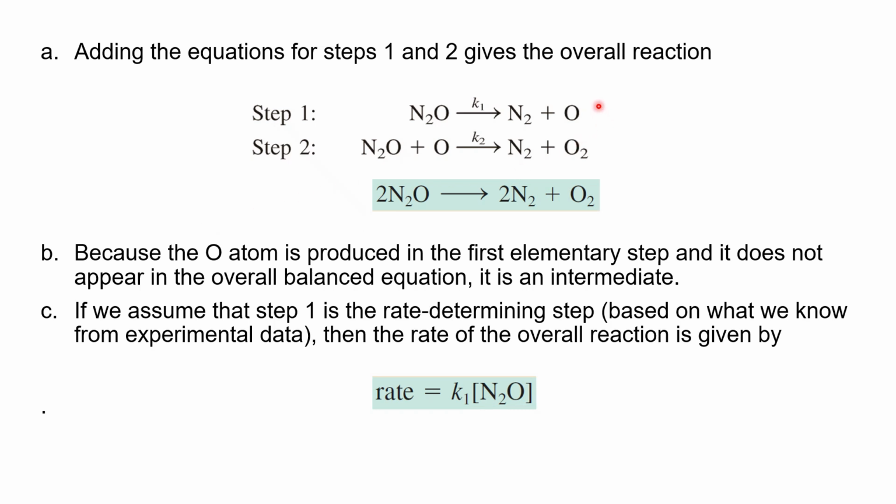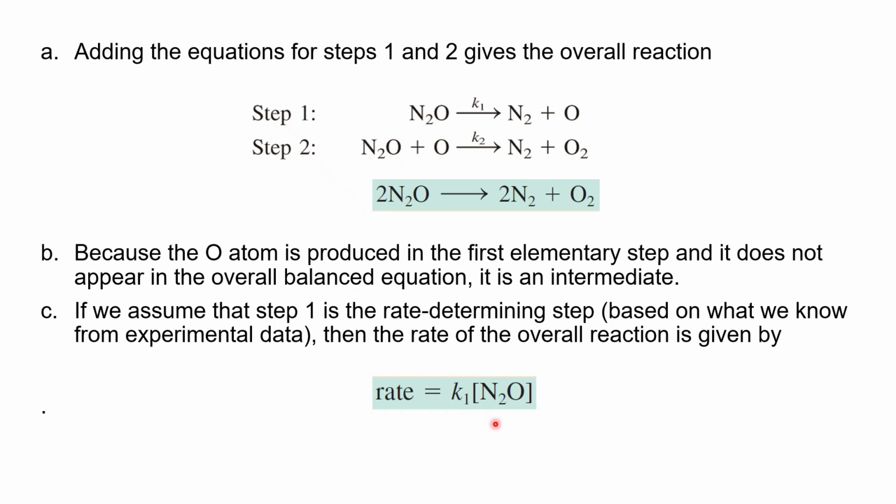Finally, we will write a rate law for each of these elementary steps. Only the first one here, represented by K1 as this particular rate constant, matches the experimentally determined rate law. We certainly could write a rate law for step 2, but it's not going to be the same as what we determined from experiment.